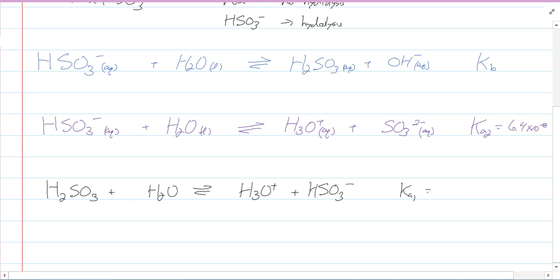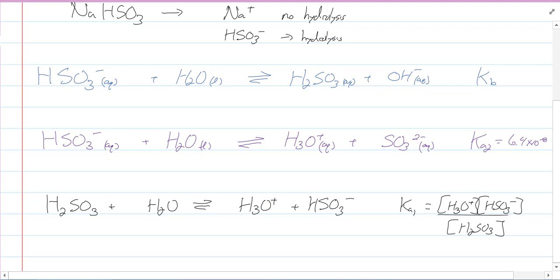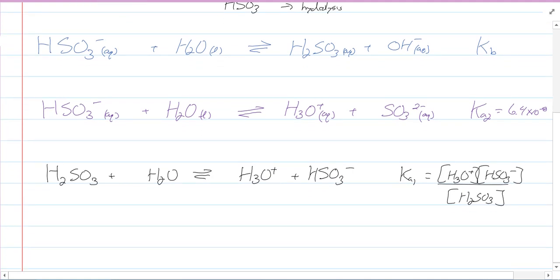There's Ka1, which is hydronium, HSO3 minus, H2SO3. So hopefully you can see already with Kb, that's what we're going to have.